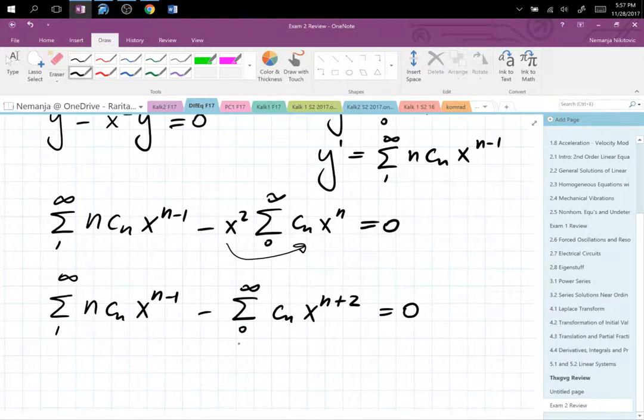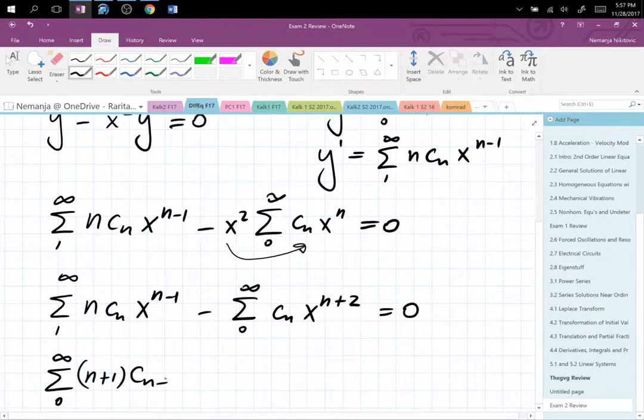So we can shift the counter on the first one by subtracting 1 to both sides. So this one shifts to 0 to infinity n plus 1 cn plus 1 x to the n.